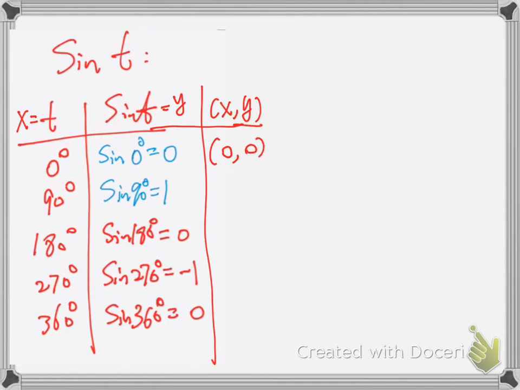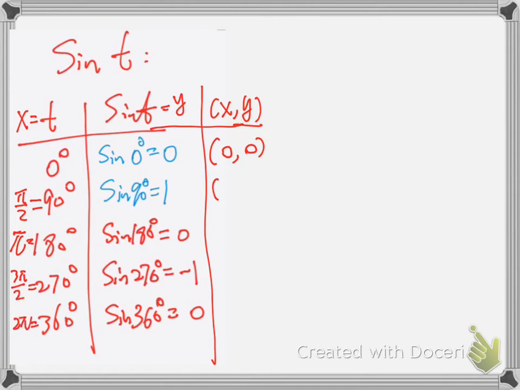Degrees are not numbers, and now we want to draw the picture, so we have to change degrees to radian measure. 90 degrees is pi over 2, 180 is pi, 270 is 3 pi over 2, and 360 is 2 pi.